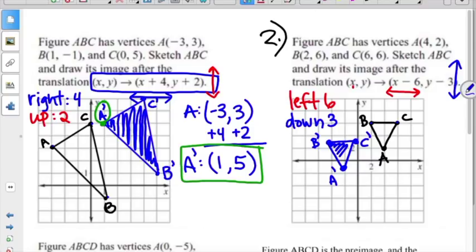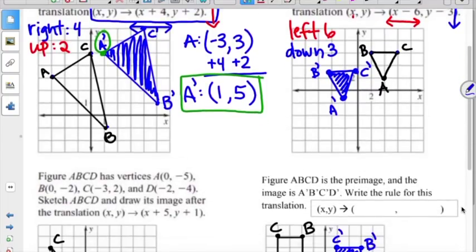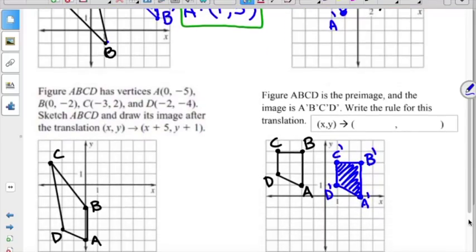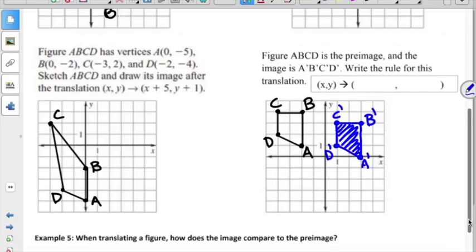Number 3, our translation is (x, y) becomes (x plus 5, y plus 1). So since it's positive on our x, we move to the right 5 spaces, and y plus 1 means we're going to go up 1 space. These graph squares are only worth 1, so we can simply count to the right 5, up 1 for each point.